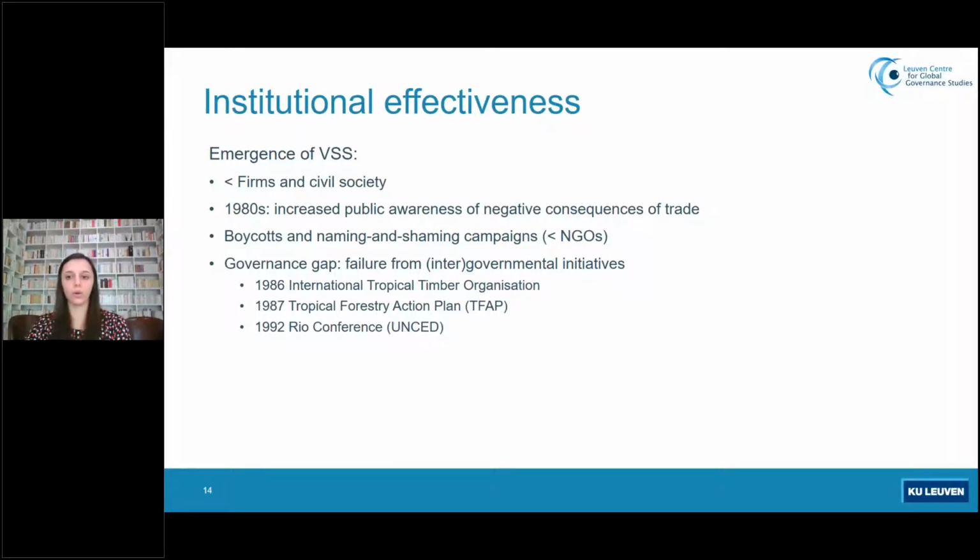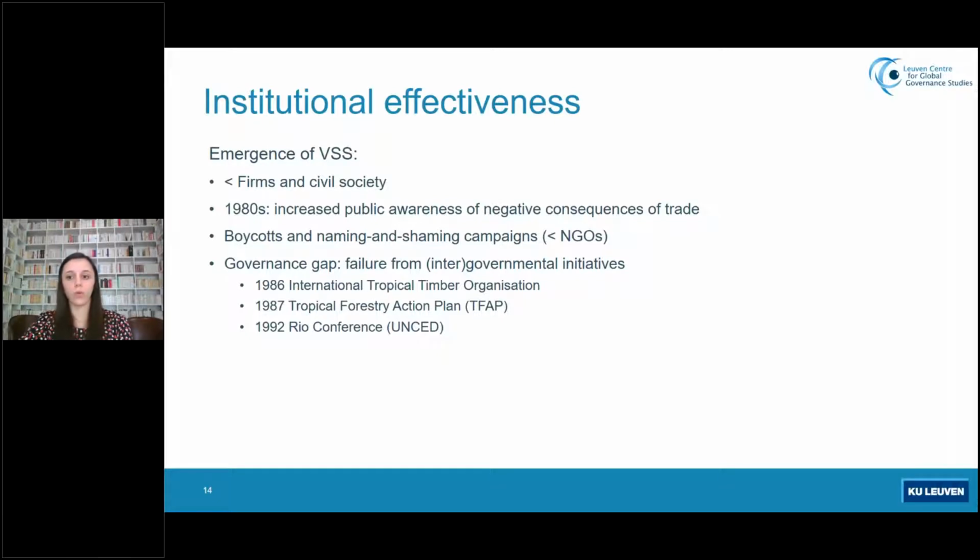This is one of the leading VSS in the forestry sector, along with the PEFC, the Program for the Endorsement of Forest Certification. The FSC was in fact created by several environmental NGOs, such as the World Wildlife Fund, the National Wildlife Federation, the Rainforest Alliance, and Friends of the Earth. And of course, also with firms, including IKEA, B&Q and Home Depot.